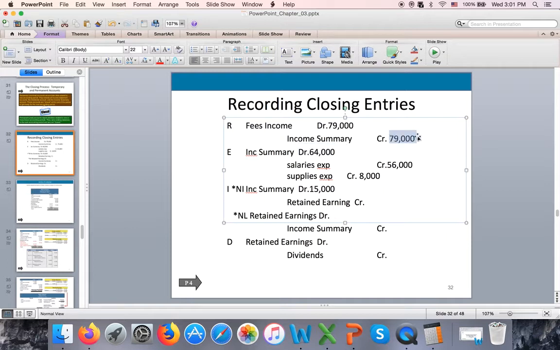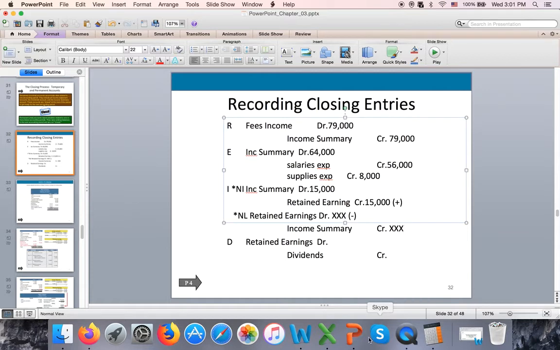The credit is larger, that's revenue, minus 64 gives you 15. Where does it go? It goes as a credit, which is a plus, right? Net income increases retained earnings. That's the scenario we have. In some other examples, you might have a net loss. If you have a net loss, then you will debit retained earnings, and it will be a minus, and to make income summary zero, you will have to credit.